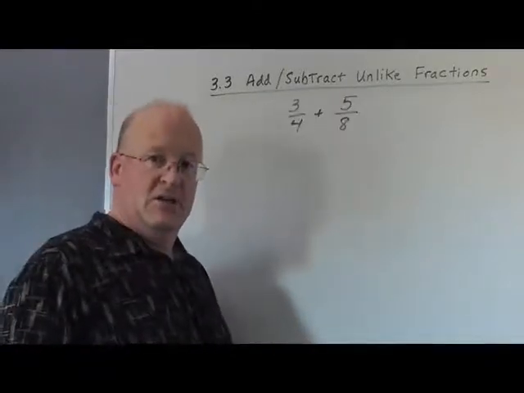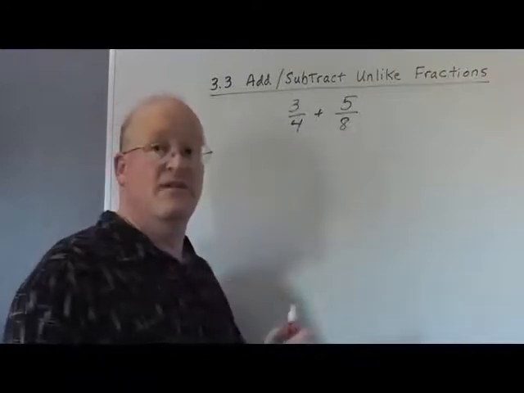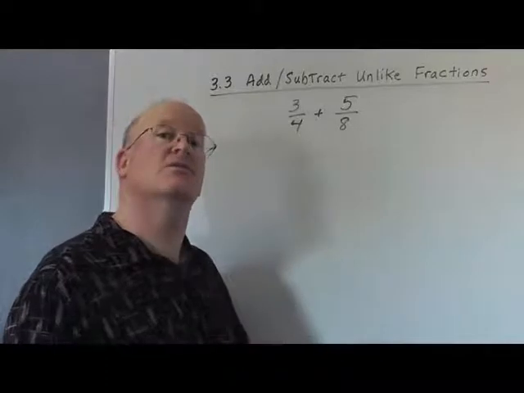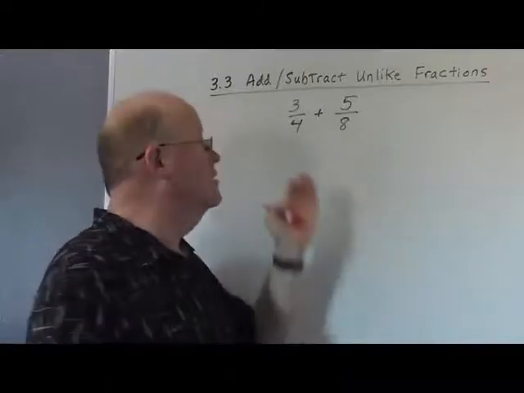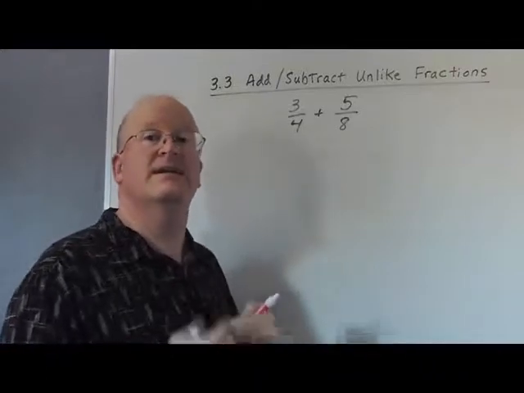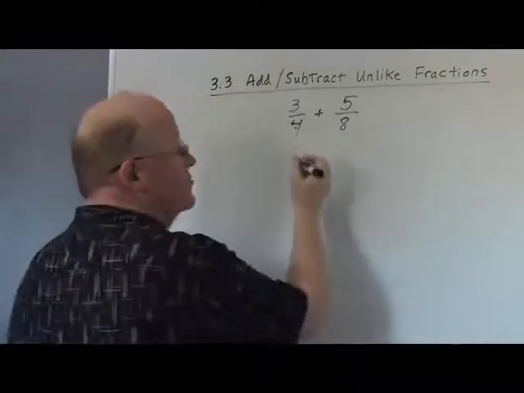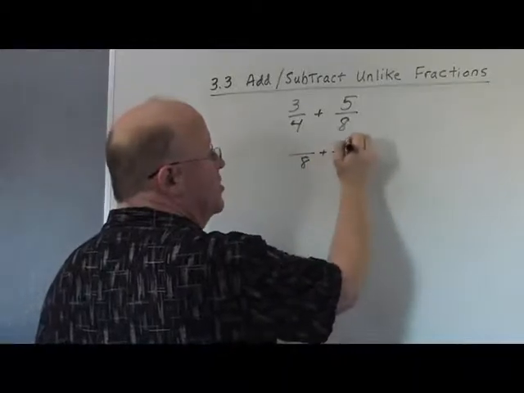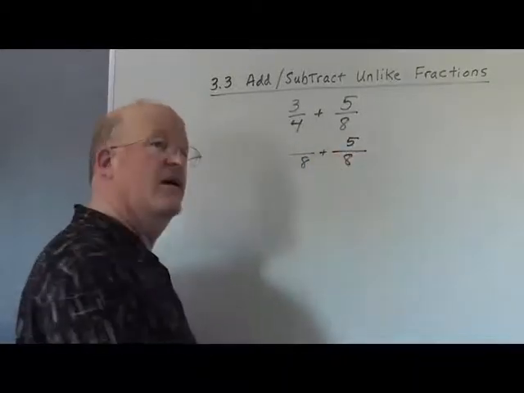Now let's add fractions again, 3/4 plus 5/8, but this time I'm not going to multiply 4 and 8 together and use a common denominator of 32. 4 goes into 8. The least common multiple of 4 and 8 is 8. So I'm going to rewrite each of these to be over 8, and that second fraction already over 8 will stay 5/8.